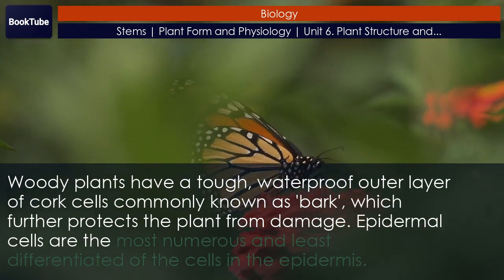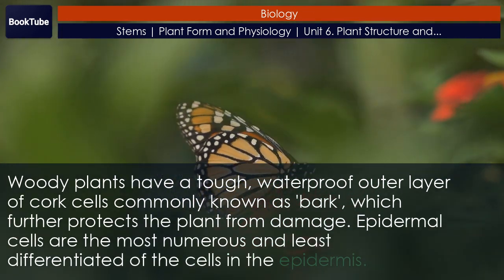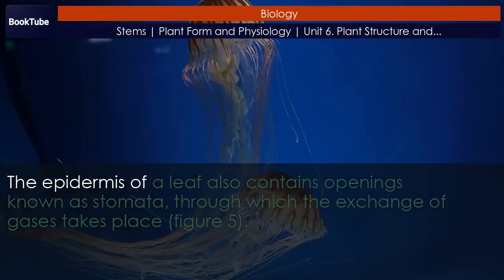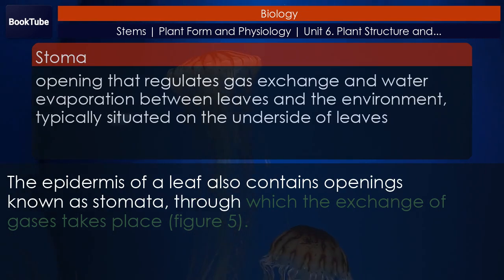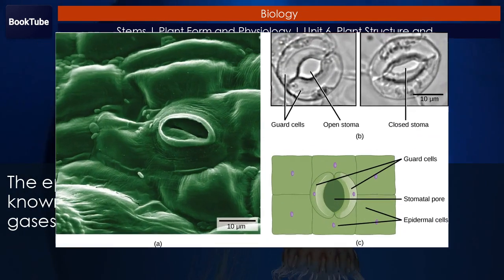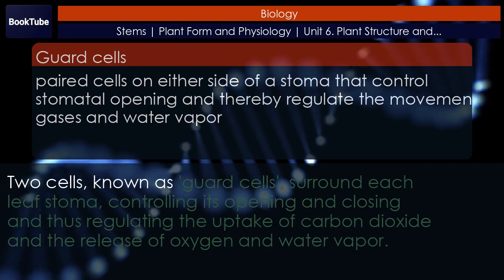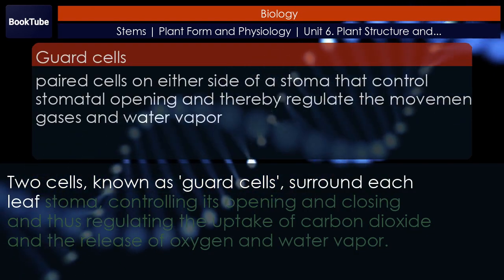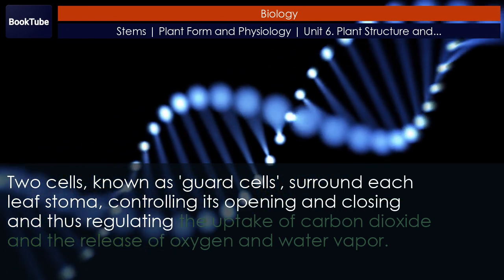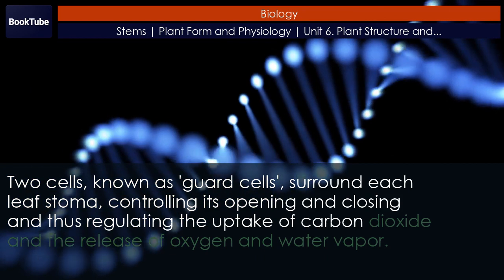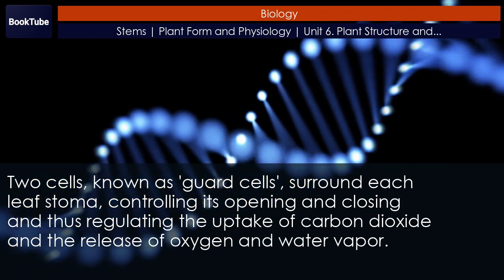Epidermal cells are the most numerous and least differentiated of the cells in the epidermis. The epidermis of a leaf also contains openings known as stomata, through which the exchange of gases takes place. Figure 5. Two cells, known as guard cells, surround each leaf stoma, controlling its opening and closing and thus regulating the uptake of carbon dioxide and the release of oxygen and water vapor.